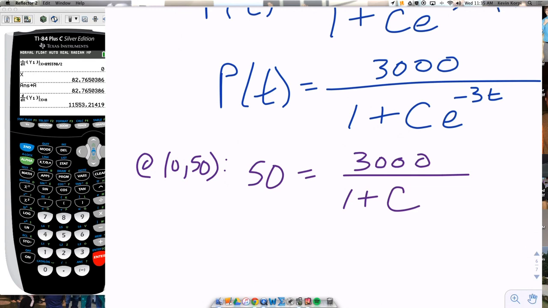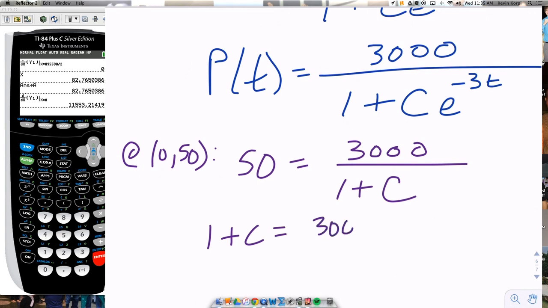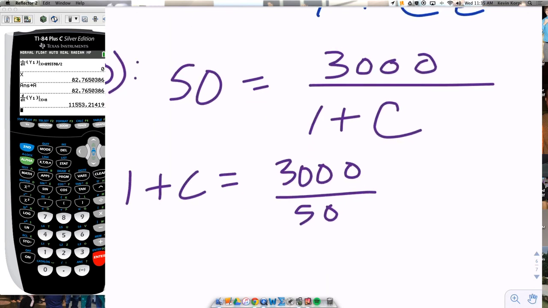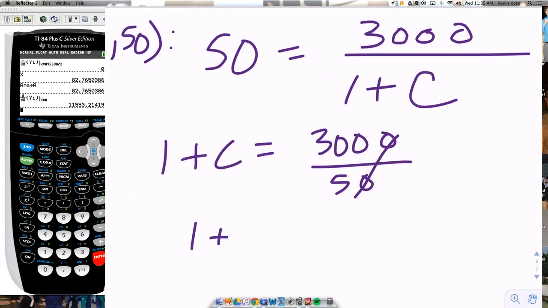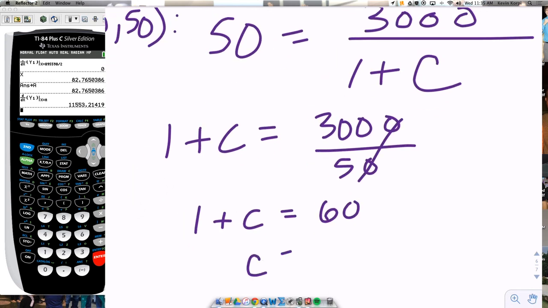So to solve that for C, I'm going to multiply both sides by 1 plus C while I divide both sides by 50. In other words, the 1 plus C and the 50 will trade places. Kind of like a double factor swap. Multiply and then divide. So now your trailing zeros divide out over there and you get 1 plus C equals 60 and C equals what? 59.